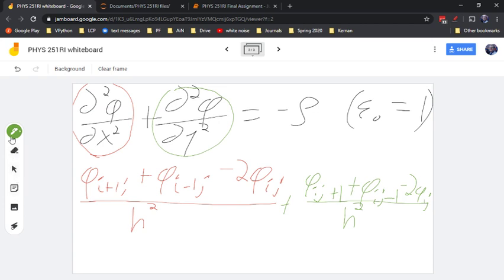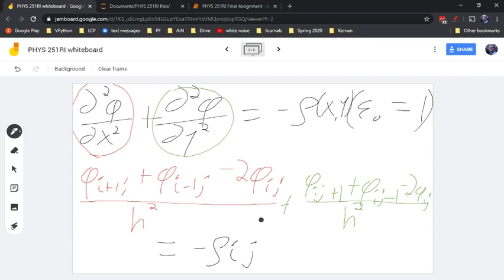Then I need to just change the right-hand side. So this whole thing is going to equal negative rho. Now, rho is also a function of x and y, because my charge density can change depending on where I am. So this needs to also become an ij. Any function of x and y just becomes an ij.